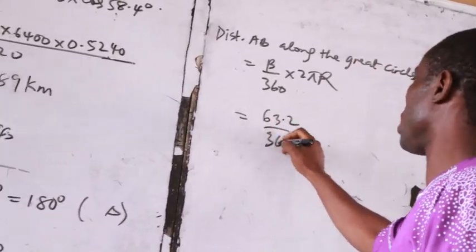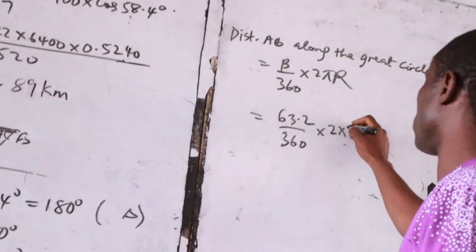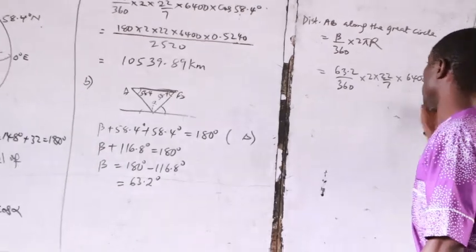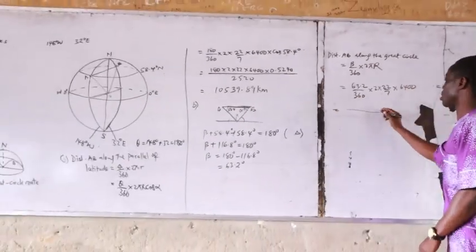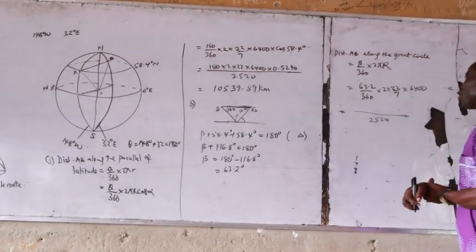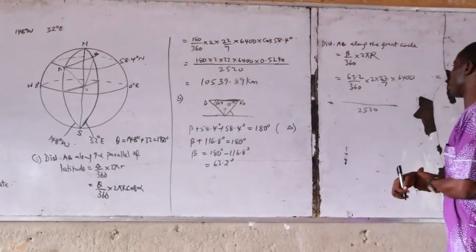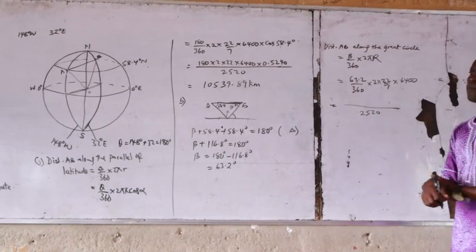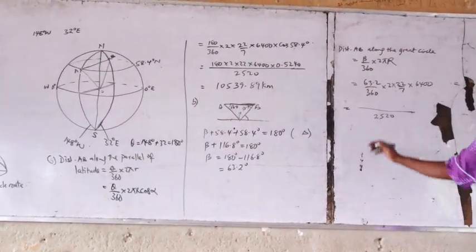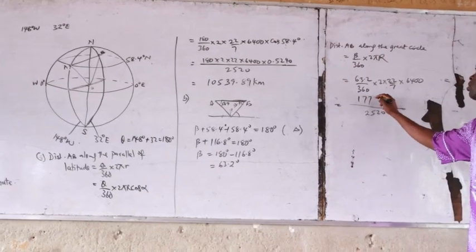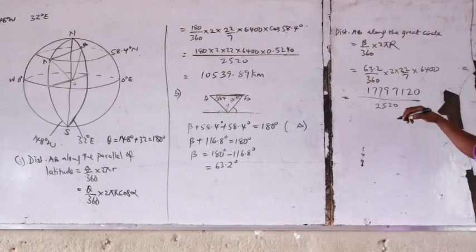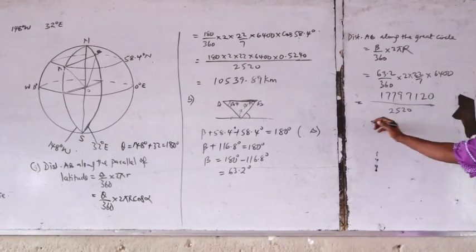Now, what is beta? 63.2 over 360 times 2 times pi, which is 22 over 7, times 6,400. Product of 360 times 7 is 2520. What is that? 63.2 times 2 times 22 times 6,400 is 17,79,120, divided by 2520.